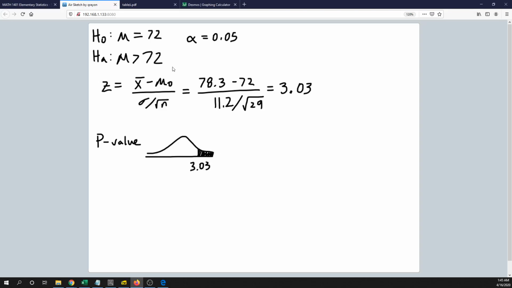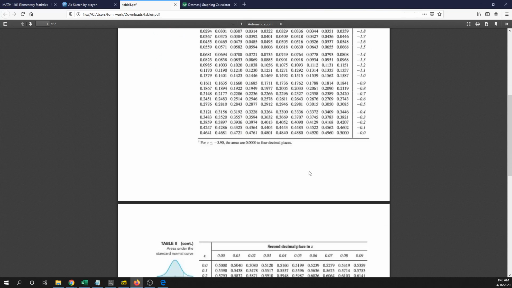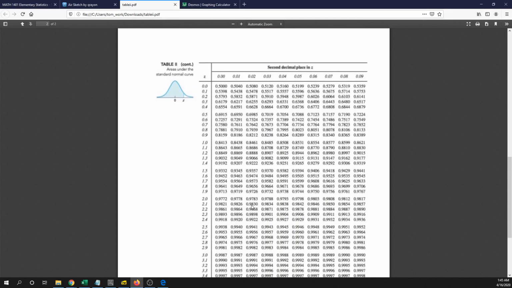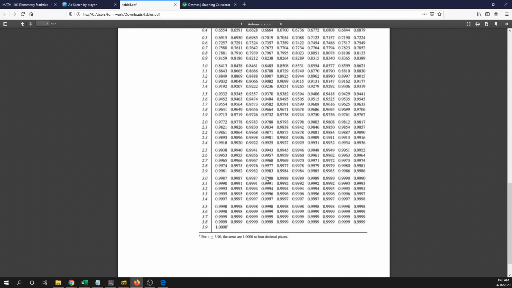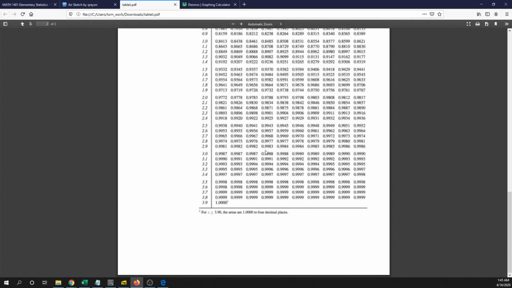So what we would do is go to the table and look up 3.03. It's this column right here. So that is 0.9988.